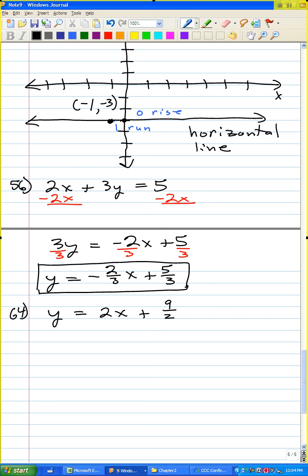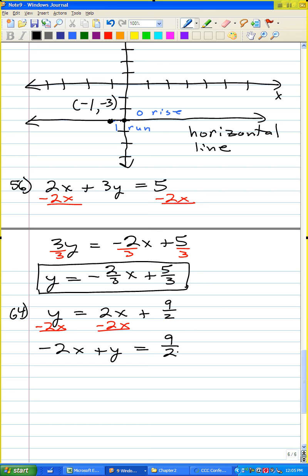So I'm going to do that. So why don't I, in this case, multiply, well, let me subtract 2x from both sides of my equation. And so I have -2x plus y equals 9 halves.